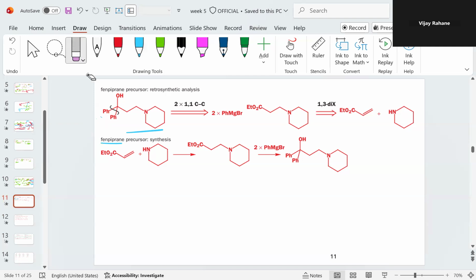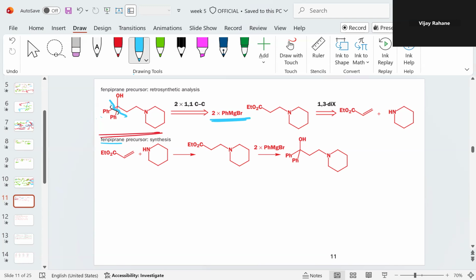Sorry, this intermediate is our target molecule, and how can we achieve the synthesis of this target molecule? Here, if you look at where we have done this disconnection, the first disconnection goes here. We get the 2-phenyl magnesium bromide. So this Ph negative and this carbon can come from the carbonyl group.